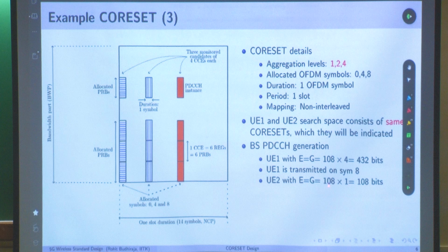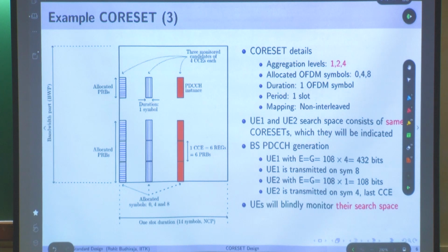What is the aggregation level for this UE2? It is aggregation level 1. Correct? So for UE2, only these many bits will be transmitted. And UE2 is transmitted on symbol 4, last CCE, here. Fine? So these UEs are blindly going to monitor their search space.